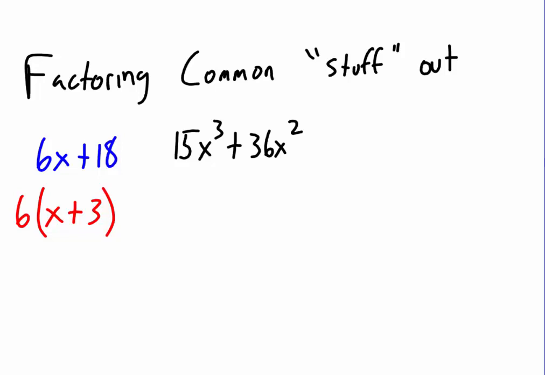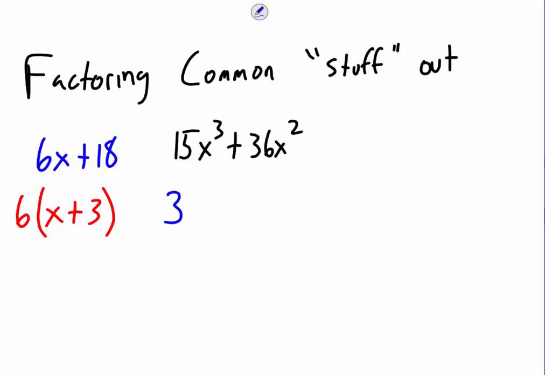Let's see, 5s, no, 15 definitely doesn't. 3 works, so we can factor a 3 out. But we also know that we have x's in both of these. Now, when you have x's in both of them, you have to look for the common, the greatest common amount. And that's another way of actually saying the smallest amount of x's.